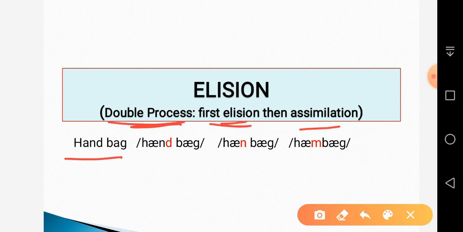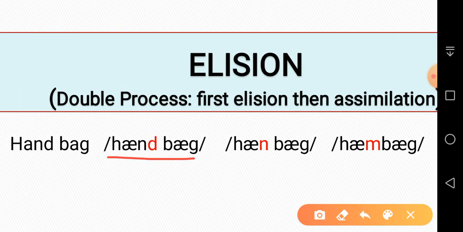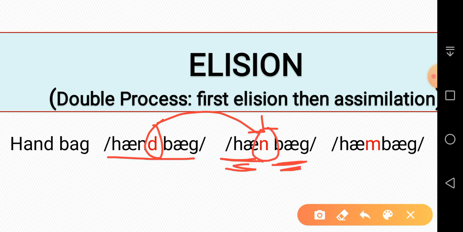See, handbag. Handbag is written like this in phonetic transcription. Now the d sound will be dropped here. As you can see, there is no d sound here, and it is handbag. Okay, now this n sound will change into another nasal.